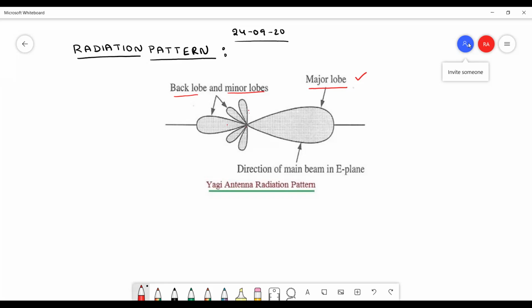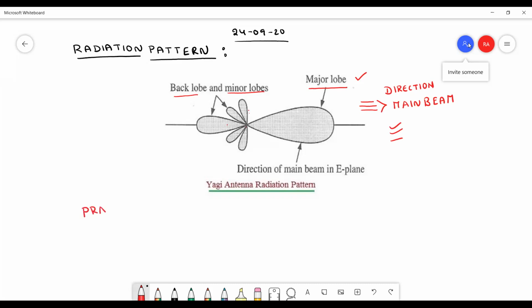This is the direction of the main beam, the maximum main beam.